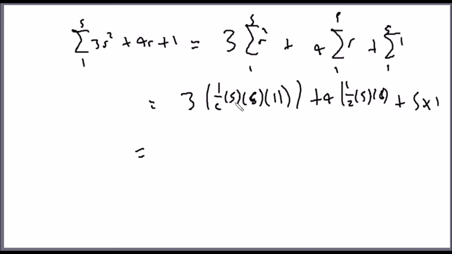Alright, so a sixth, so that's 5 times 11, which is 55, times 3, that is 165, plus 60 plus 5, that equals 230. So as you can see here, you can evaluate these expressions using summation formulae, and it's very useful.